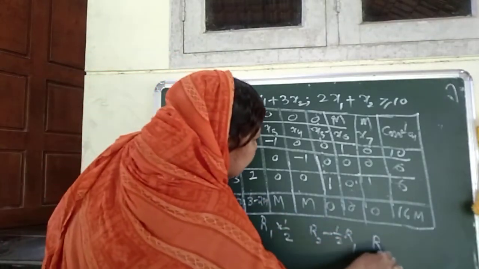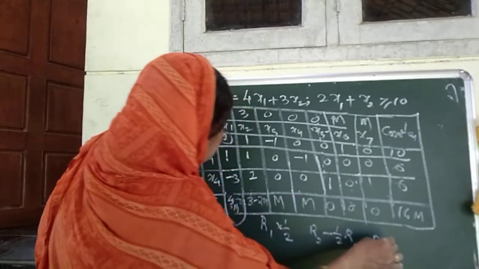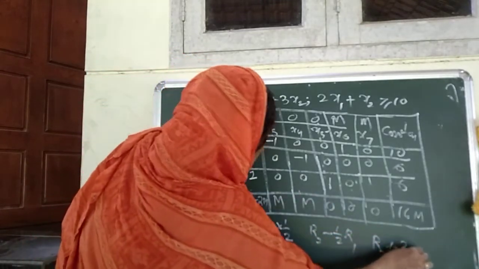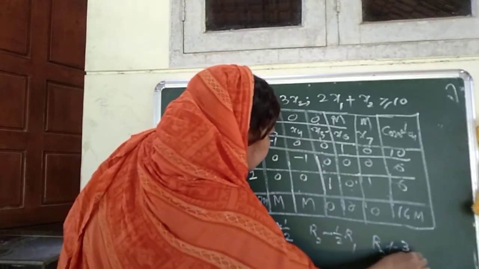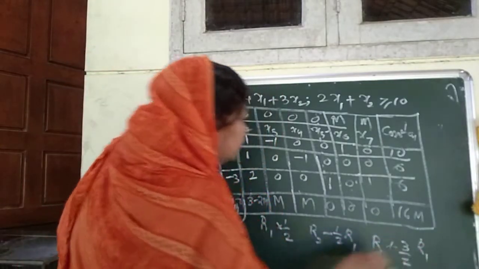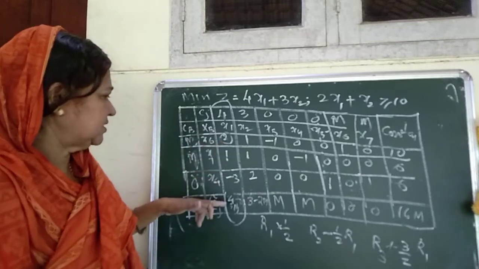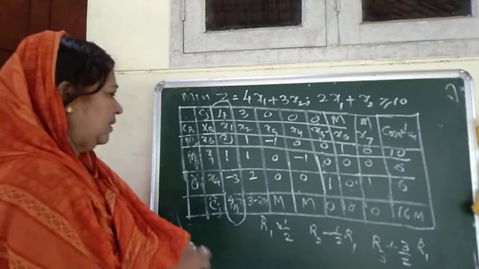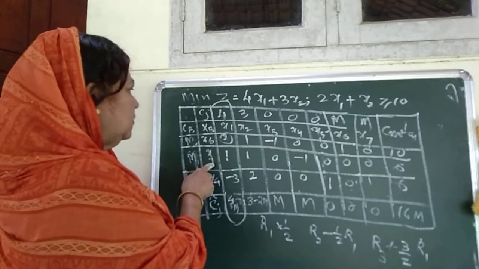Then R3 plus 3 by 2 into R1. By means of this transformation, R1 into 1 by 2 can be found, then R2 minus 1 by 2 into R1.